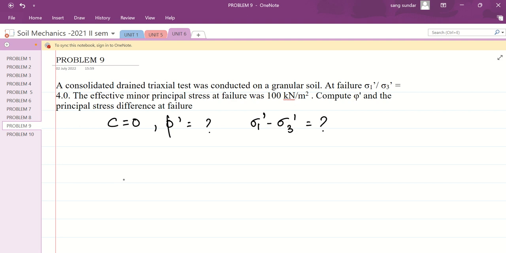They told the effective minor principal stress at failure is 100 kilonewton per meter square. The question is very simple, so our answer also will be very simple. We need the phi value.